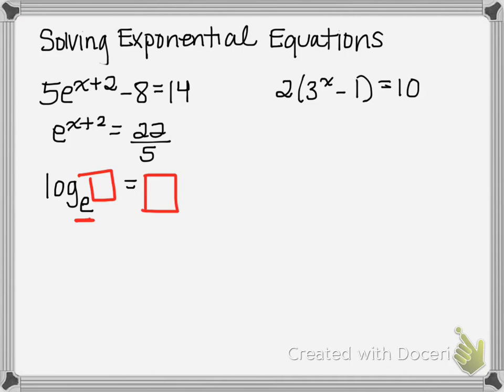So the power is x plus 2. And when did I say power? Over here I said power. So I'm going to put the x plus 2 over there, and the argument will be the 22 over 5.